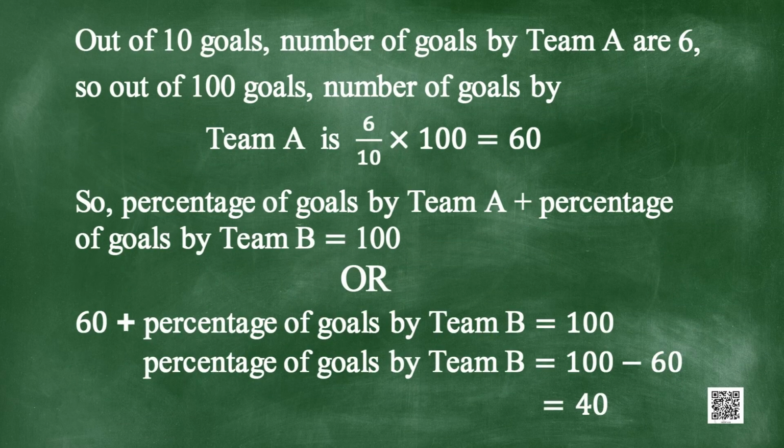The percentage of goals by team A plus the percentage of goals by team B is equal to 100. We have found that the percentage of goals by team A is 60, so the percentage of goals by team B is equal to 100 minus 60, which is equal to 40.